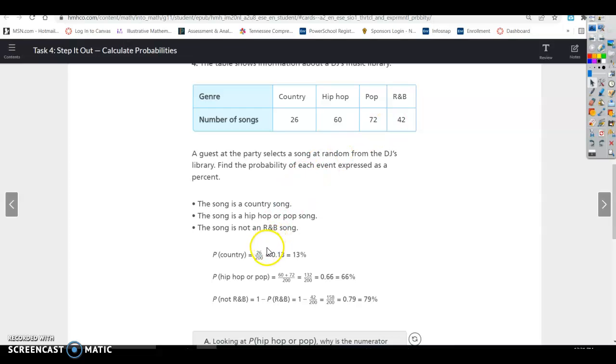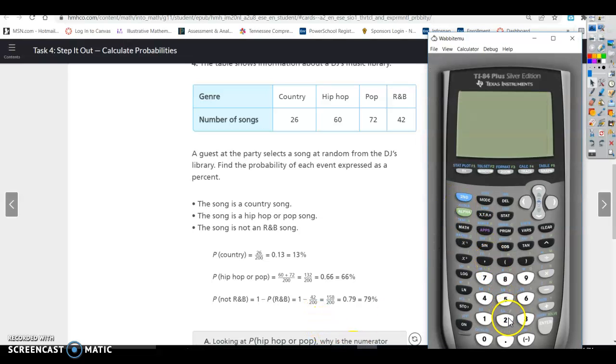All right, so 26 out of 200. Okay, if you calculate that, 26 divided by 200, it's going to give this to you as a decimal, 0.13, and you have to change that to a percent. Remember, to go from a decimal to a percent, you move it 2 decimal places.